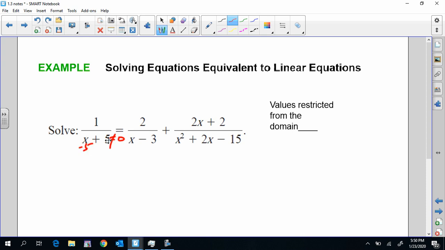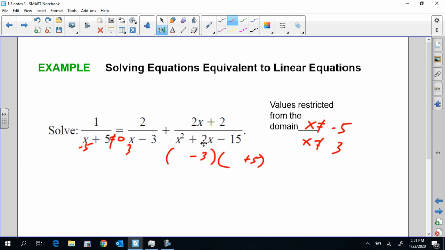Negative 5 plus 5 makes 0, so x cannot be negative 5. x cannot be positive 3. I better figure out what this one is, but usually these are a big, fat quadratic made up of those two factors. Are they negative 3 and positive 5? Yeah, probably.